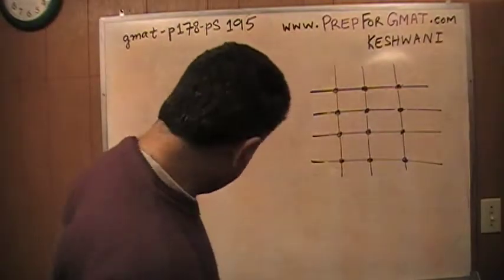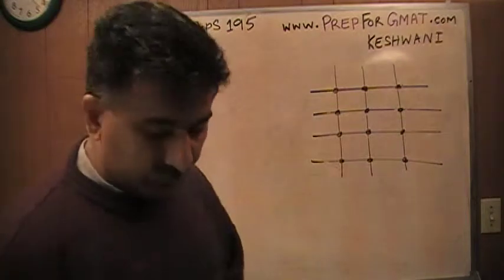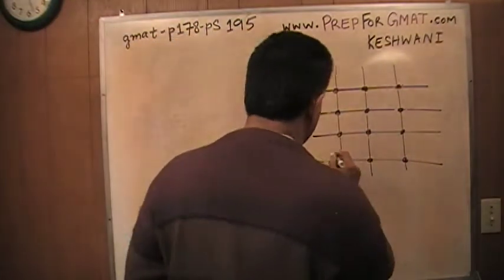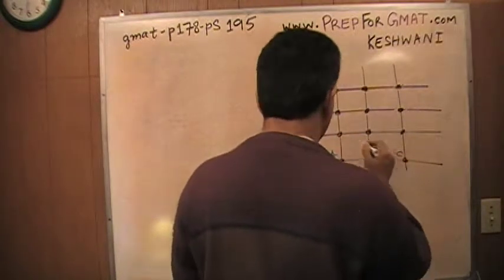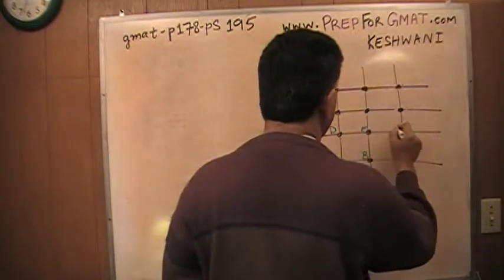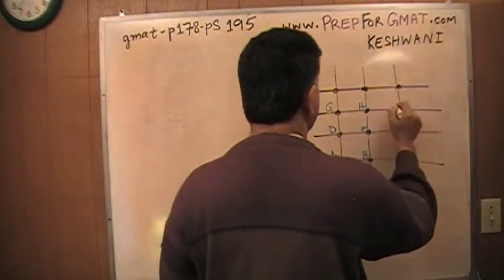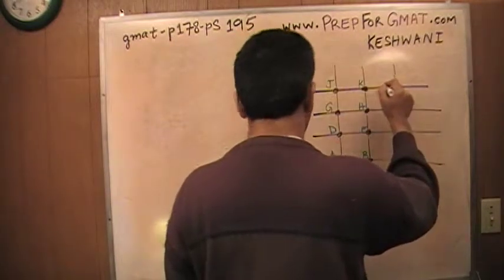Let's use a different color. And I don't want to startle you, but I am about to give them names in a very creative manner. Here we go. A, B, C, D, E, F. G, H, I, J, K, L.